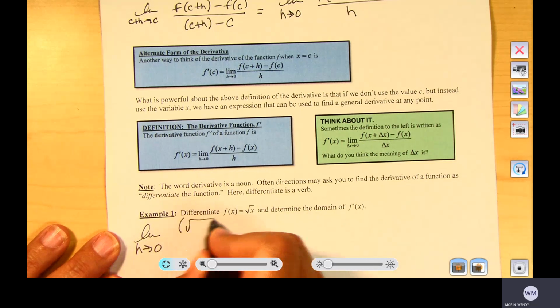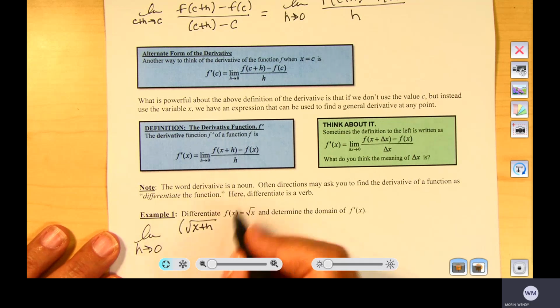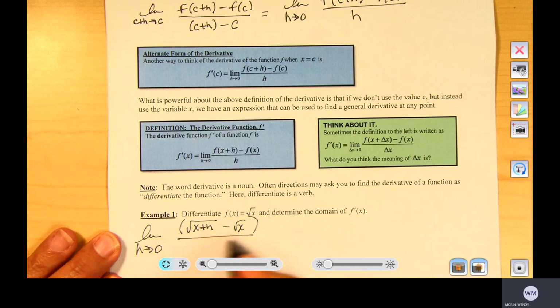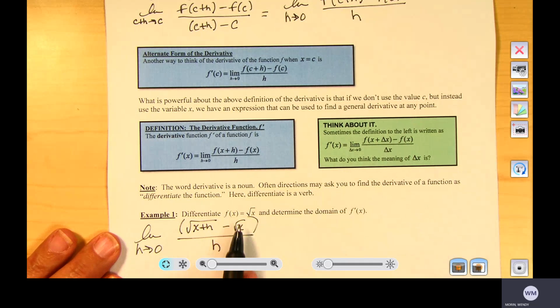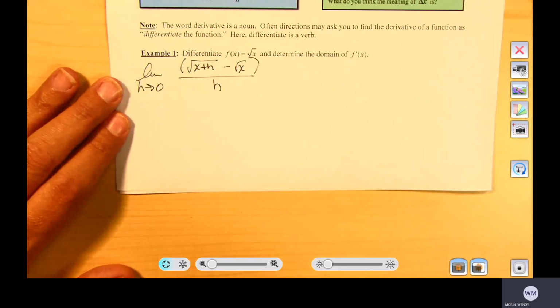We can find the derivative, or the slope of the tangent line, at any x value. So this right here is f of x plus h minus f of x all over h, and we need to find the limit.